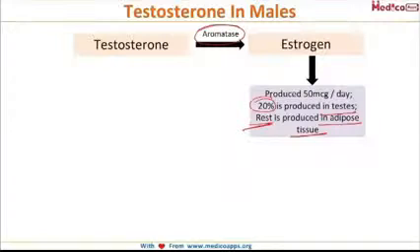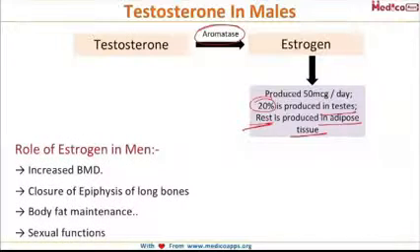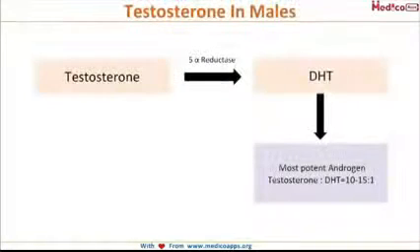Now, why is this estrogen produced in males? It has certain functions. What are these functions? This estrogen increases bone mineral density. It causes the closure of the epiphysis of the long bones, and helps in body fat maintenance and sexual functions. Now we said that testosterone is also converted into dihydrotestosterone. So what is the enzyme involved in that?